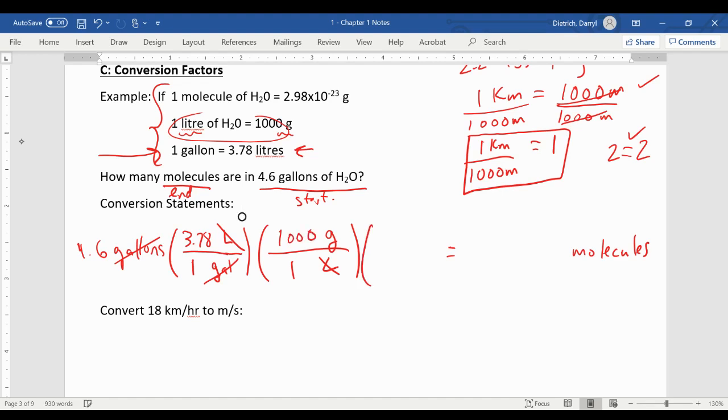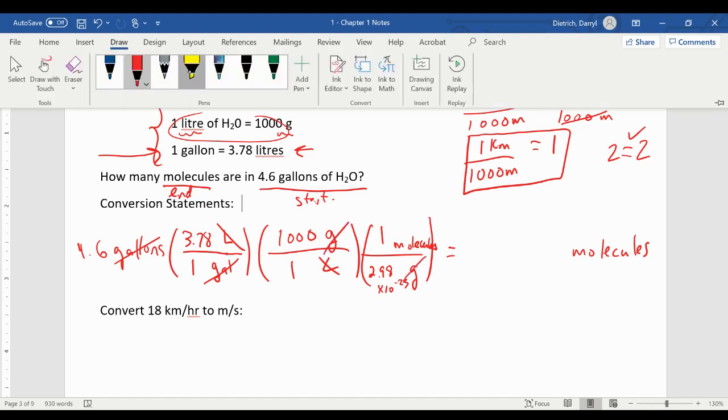And our last conversion, just to convert grams into molecules, is 1 molecule is 2.98 times 10 to the negative 23 grams. Our grams will cancel.